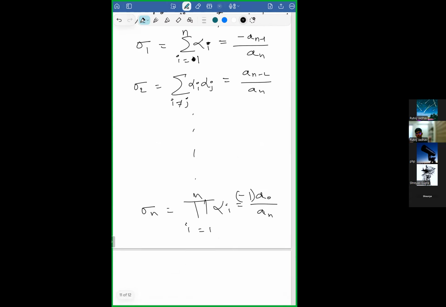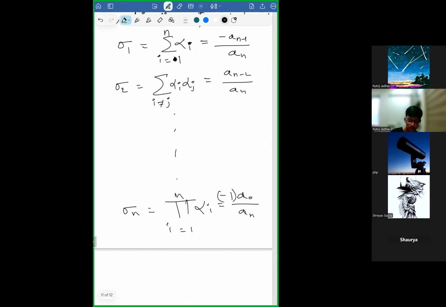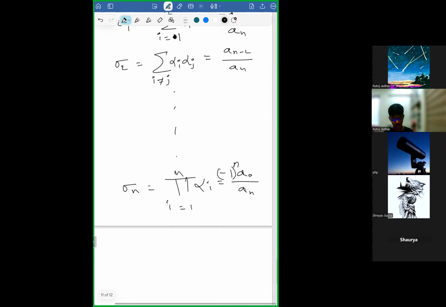What would be the power of minus 1? Okay, we can just write this as minus 1 raised to n, because the negative sign is repeating, right? So it will just be minus 1 raised to n here.